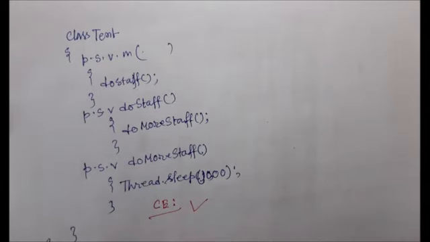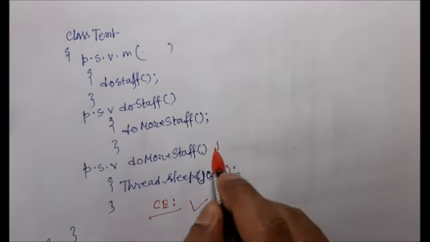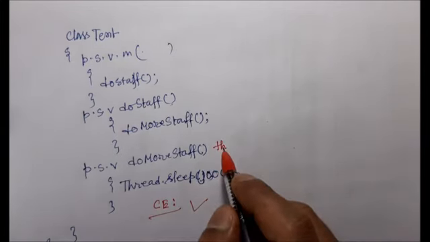Now, as I have just discussed, if I want to pass or delegate the responsibility of handling this exception to my caller method, the one who is going to call doMoreStuff, and if I do not handle this code by using try catch, then I will use the throws keyword, because it is required to deliver this exception.